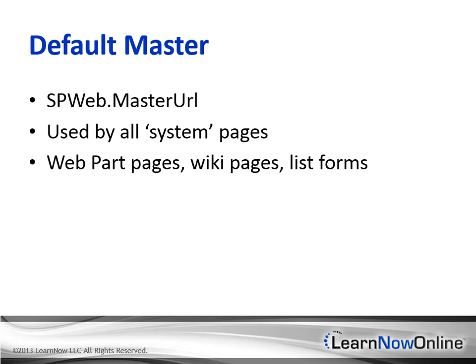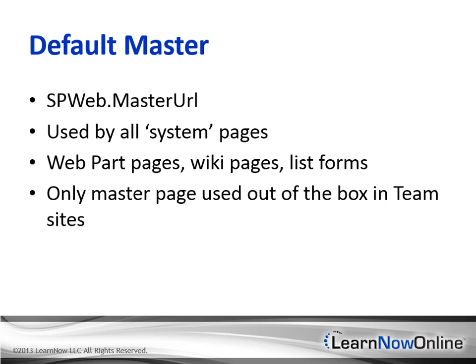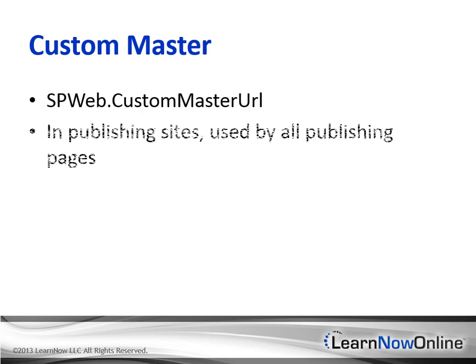So any of the list forms, site settings, web part pages, and site contents use it. In team sites, that's the only master page you use out of the box. Now, I say out of the box, because as soon as you turn on publishing, which you can do in a team site, by activating the publishing feature at the site collection level and at the site level, you get to use the custom master URL.